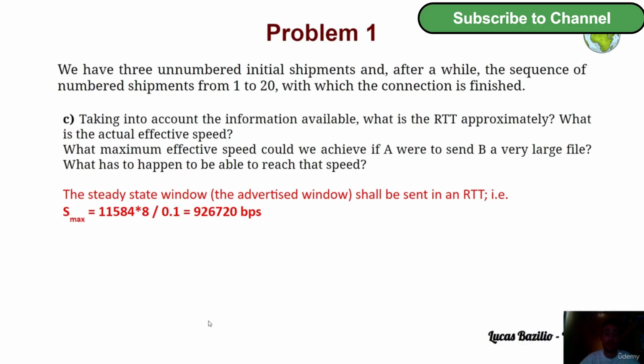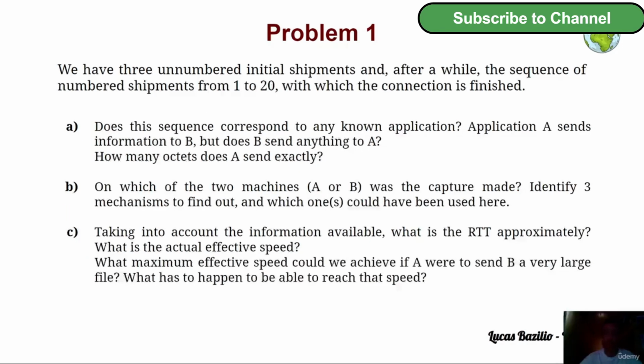Because if we have losses, it will be impossible to send the size of the advertised window in one round trip time, since we are going to resend packets that were already sent before. The time is going to be bigger, and so the effective speed will be reduced. Very well, with this we finish the solution to question C.